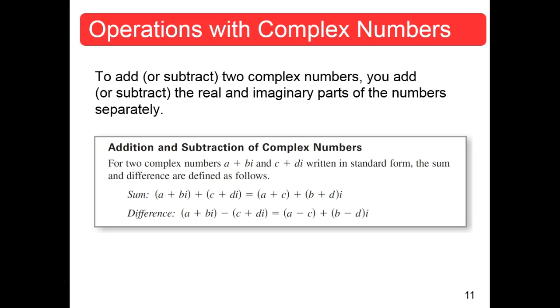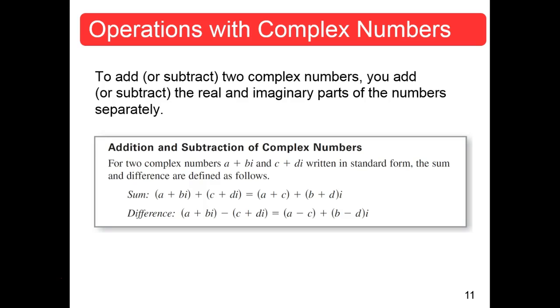So the sum of a plus bi plus c plus di would be a plus c as the real part, and bi plus di would be b plus d times i. And the difference between two complex numbers, a minus c is the real part, b minus d times i is the imaginary part. Just like I hope you would expect them to be. Just treat them like binomials.